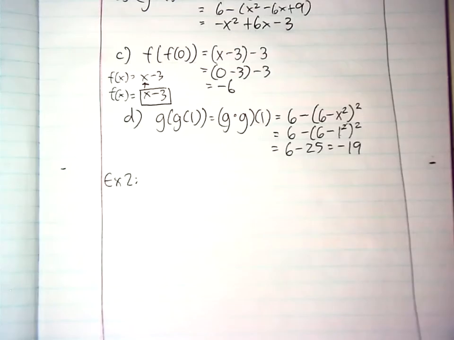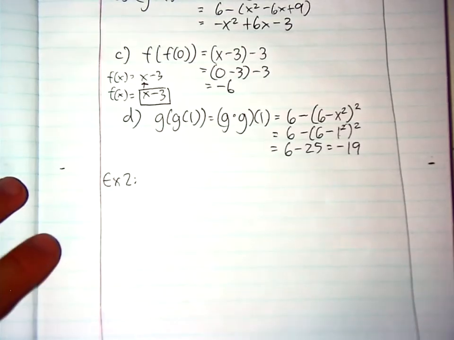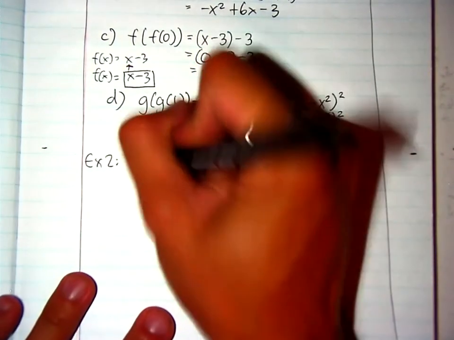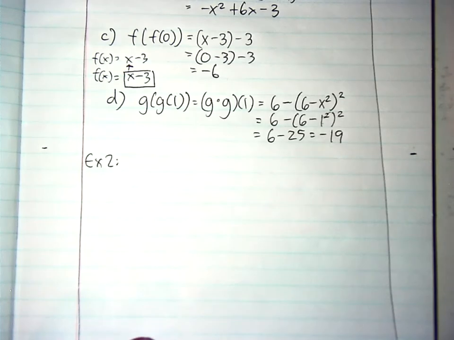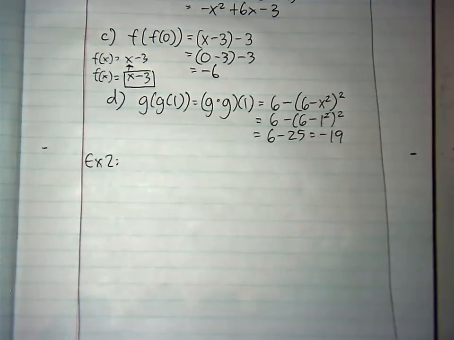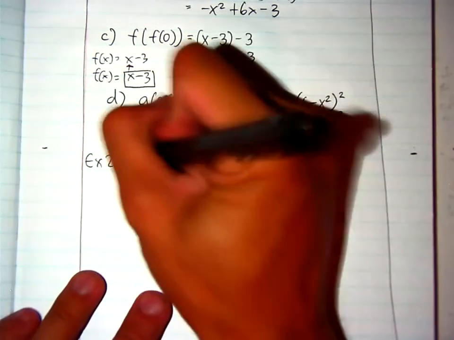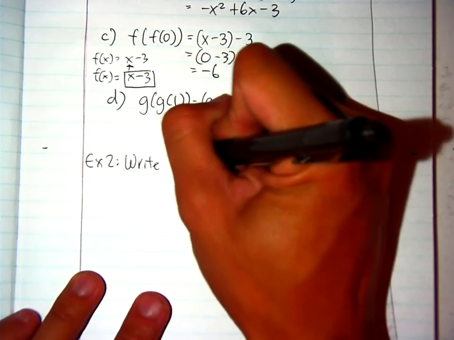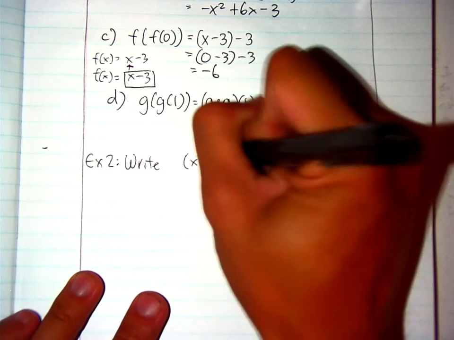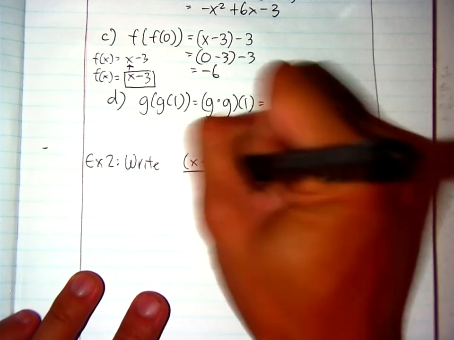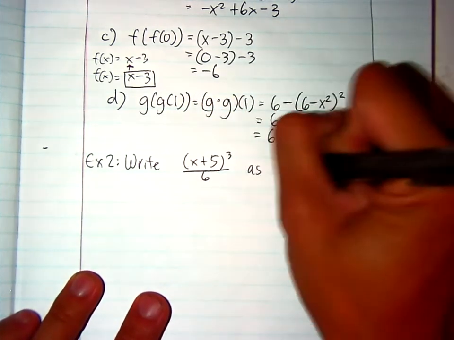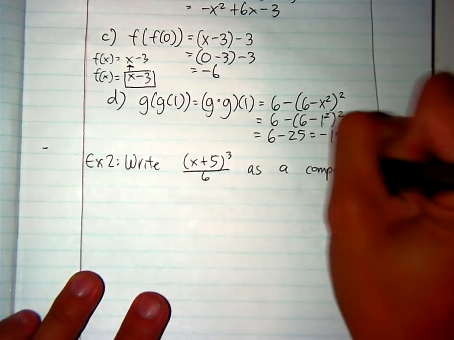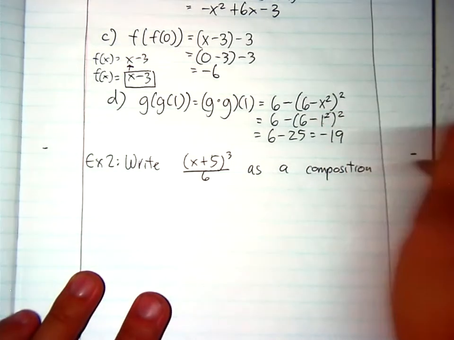So this one we are going to identify the composite function. We are going to write x plus 5 cubed over 6 as a composition of functions, meaning I'm going to break it up.